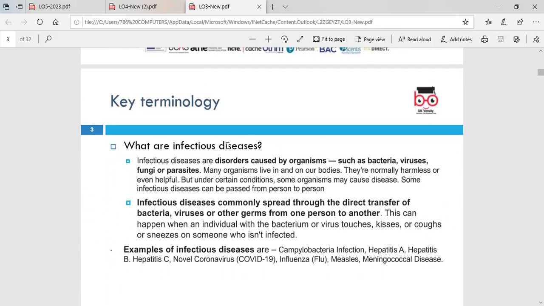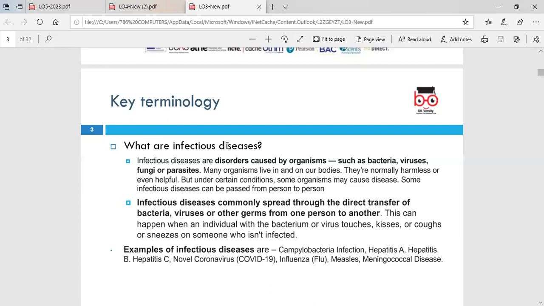So our key terminologies here. I asked what is an infectious disease. It's a disease caused by different organisms. The main organisms are bacteria, viruses, fungi, and parasites. Some organisms live inside the body, in your stomach or in your throat, and some live on your body, so they don't need to penetrate inside.